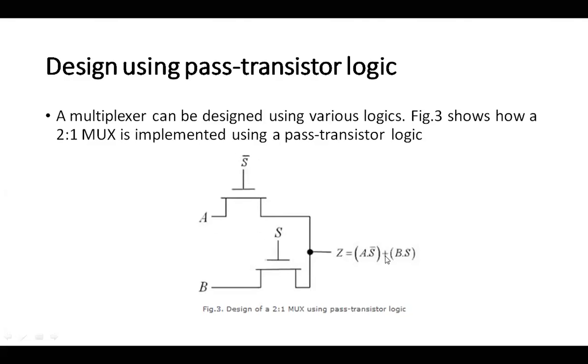Remember, for my NMOS on the right-hand side I had written: if they are in series they multiply, and if they are in parallel they add. So these two are parallel, so addition comes here, and the value passes: A into S bar plus B into S. This is how you implement your pass transistor logic.